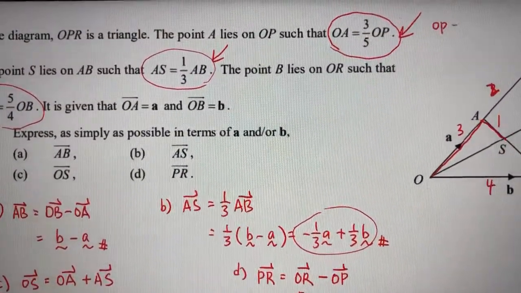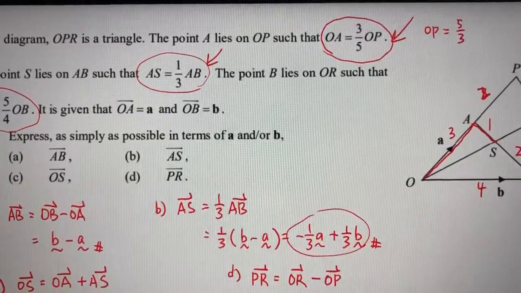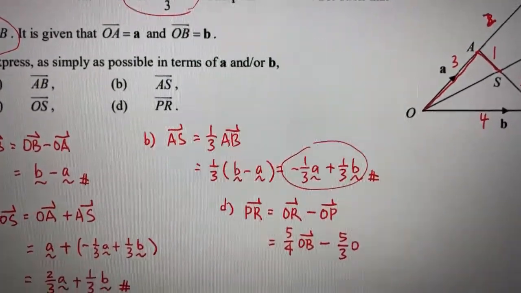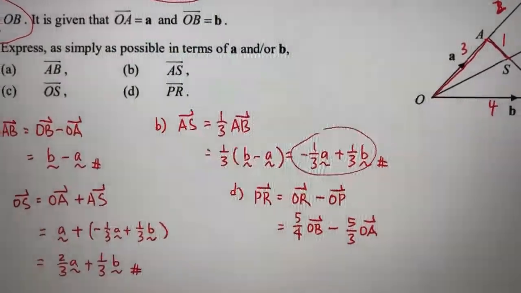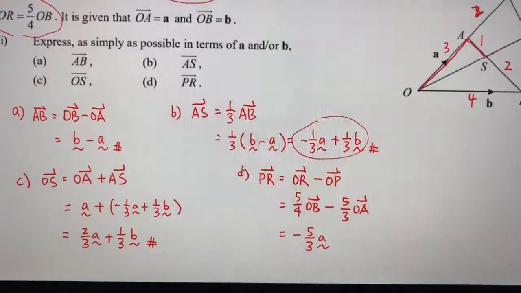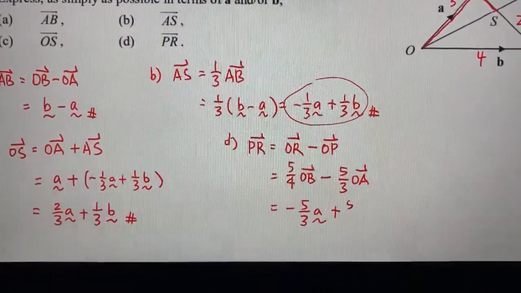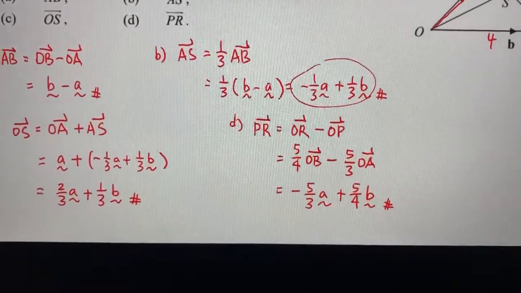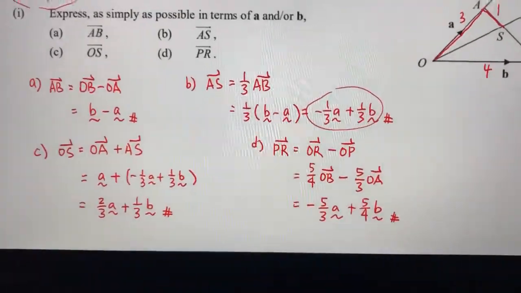And similarly for OP, we have some relation that helps us to conclude that OP is 5/3 times of OA. So therefore, we can conclude for the vector PR, the answer is negative 5/3 A plus 5/4 B. And that's the end for part 1 of this question.